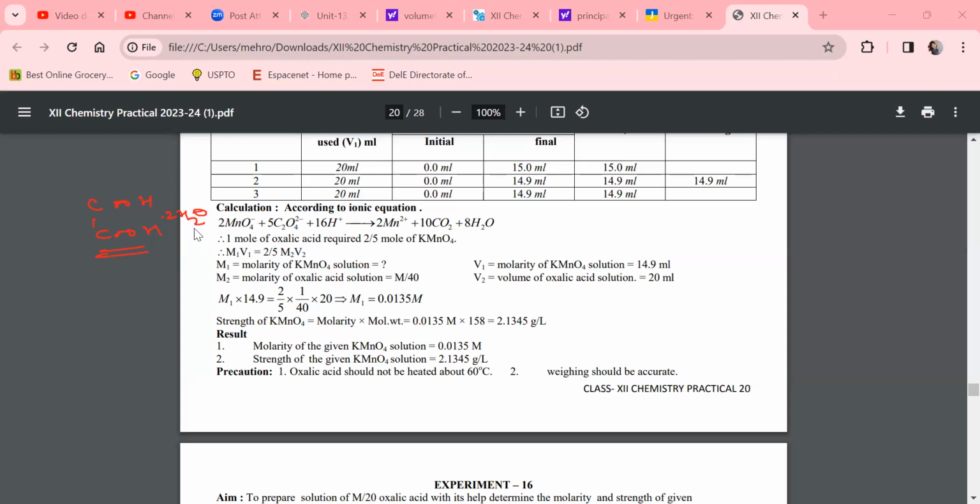One water molecule has the molecular mass 18. When you multiply by 2, it is 36. Okay, so by the addition, you will get 126. So finally, you will write the result, that is molarity. What you find is the strength, which you get by the multiplication. You should also write its unit, gram per liter.